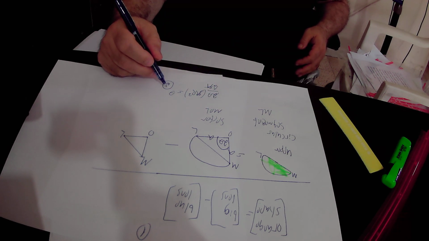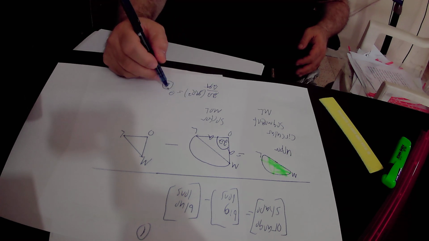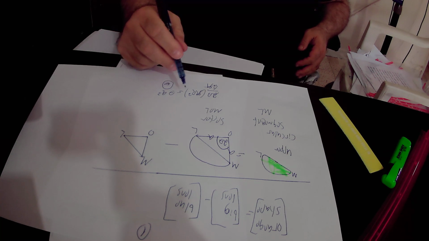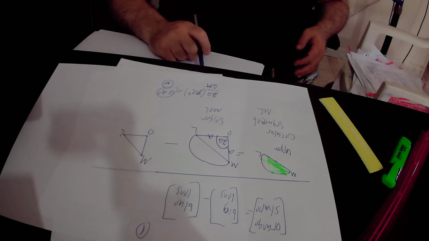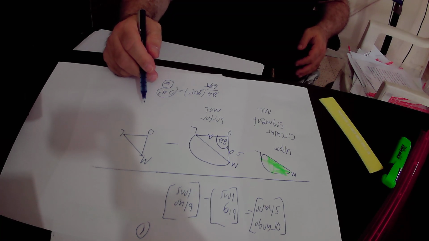So it is theta times a squared. That is the area of sector MOL. We will not calculate the area of this triangle now. We'll do it later.